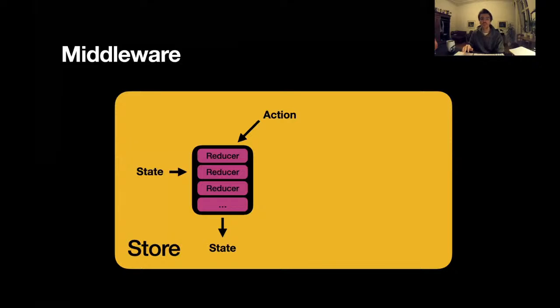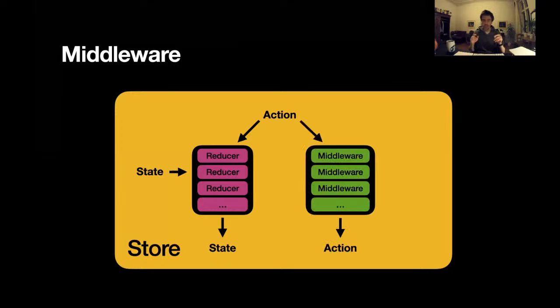And so what is middleware? Middleware is actually the guy that also lives in the store. Before, we discussed that we have the action and reducers that change the state, but we also have middlewares that can react to the action. Instead of changing the state, they send a new action.